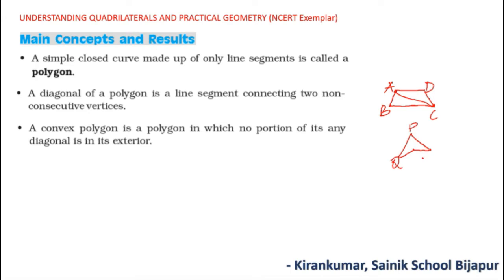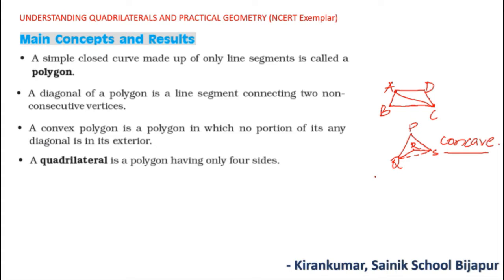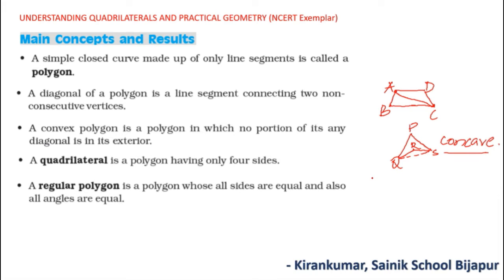Suppose I name this PQRS, the diagonal QS is outside the given quadrilateral, so this is concave. In convex, we have the diagonals in the interior. A quadrilateral is a polygon having only four sides. A regular polygon is one in which all the sides as well as the angles are equal.